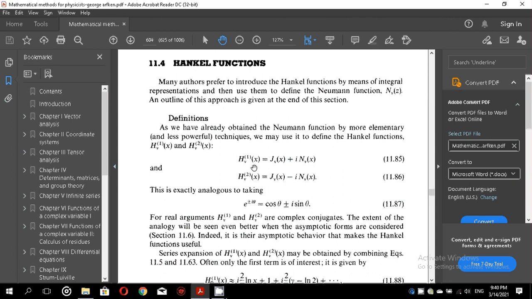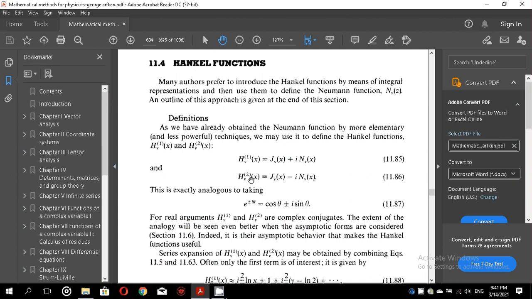So we have H nu 1 of x is equal to J nu of x plus i N nu of x, and we define H nu 2 of x as J nu of x minus i N nu of x. So we have two Hankel functions defined here. The first is called the Hankel function of first kind, and the second is called the Hankel function of second kind.